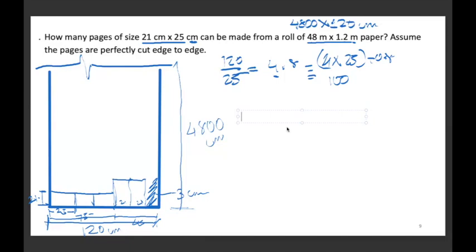So let's first calculate the landscape sheets in 3 columns. We're first going to count the number of sheets that can be fitted in landscape in 3 columns.